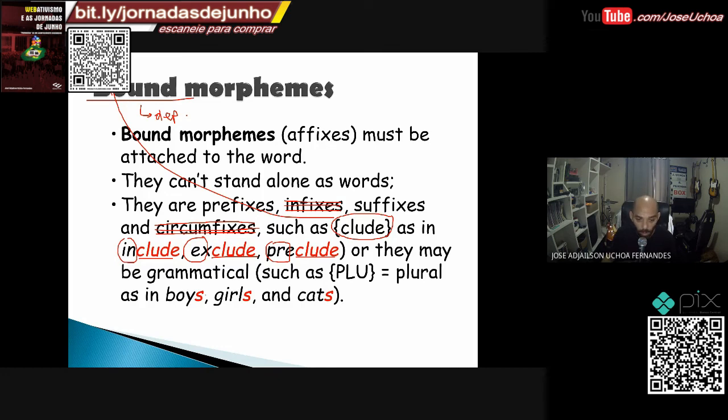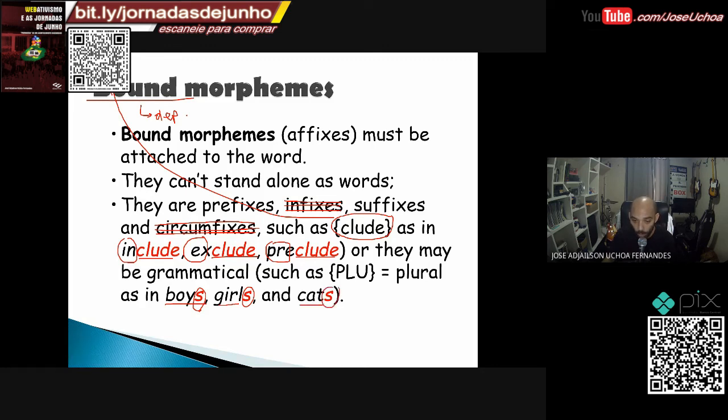S does not have any meaning, but the meaning of boys is certainly different from the meaning of boy, although this difference is just grammatical for number. The same for girls. S is not meaningful, but girl is. And girl and girls have slightly different meanings as cat and cats.